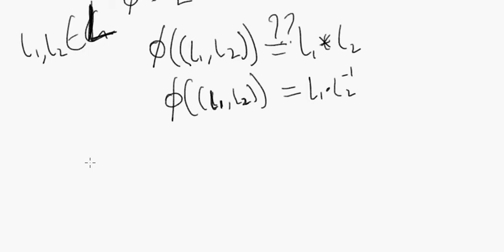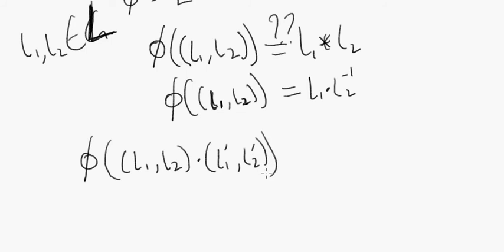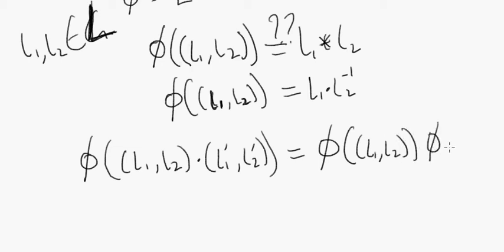What would we have to check for it to be an isomorphism? Wouldn't we have to check that at least it's first a homomorphism? That is, phi of L1 L2 multiplied by L1 prime L2 prime is really the same as phi of L1 L2 times phi of L1 prime L2 prime.